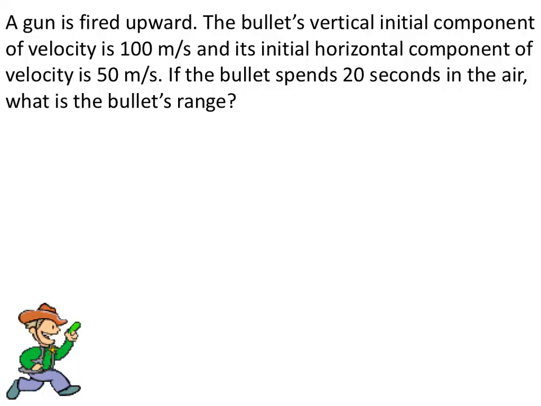Some problems right here. A gun is fired upward. The bullet's vertical, keyword vertical, initial component of velocity is 100 meters per second. And its initial horizontal component of velocity is 50 meters per second. So in other words, we've got a bullet that's being fired like this, up at this angle.